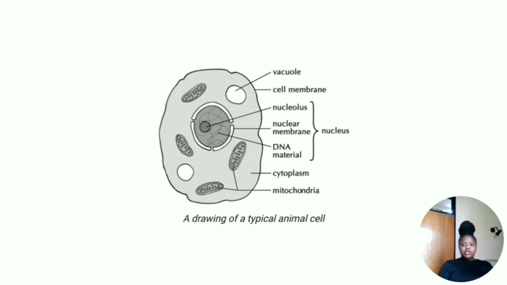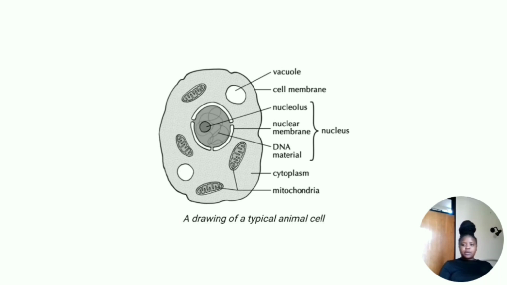So let's talk more about the structure of the cell. The nucleus is one of the most important organelles of the cell, and it is located in the middle of the cell. The cell membrane is also called the plasma membrane. The cell membrane separates the interior of the cell from the outside environment. And then we will focus on the cytoplasm.